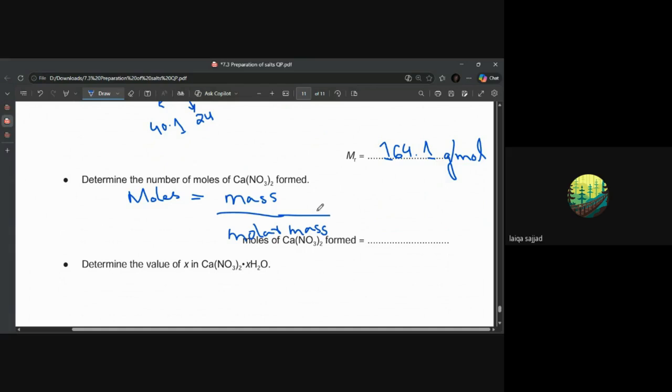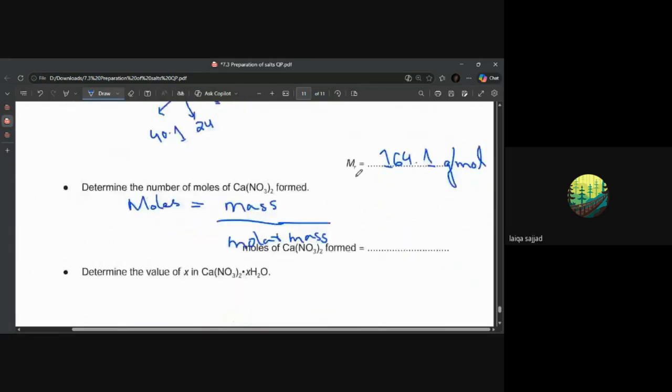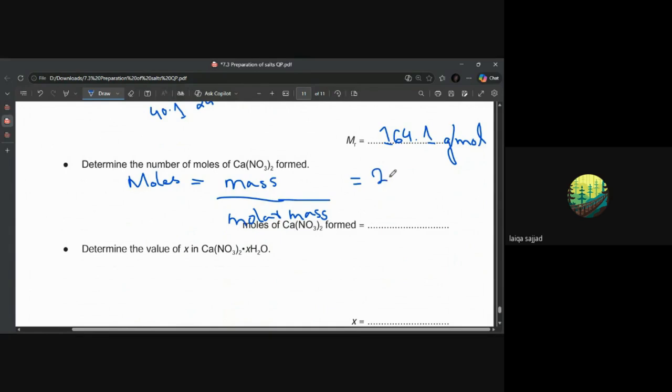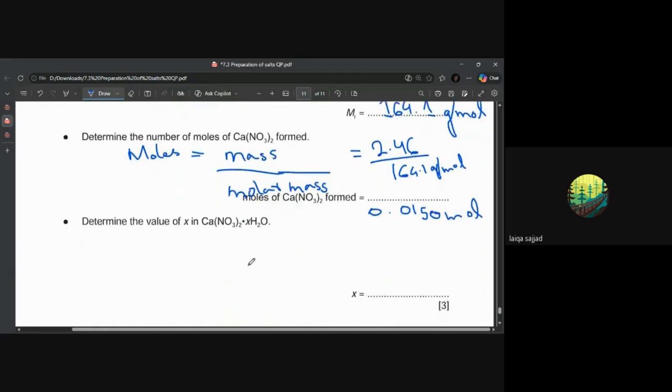The mass is given in the question, 2.46, and you simply divide it by the molar mass, 164.1 grams per mole. So the number of moles would be 0.0150 moles.